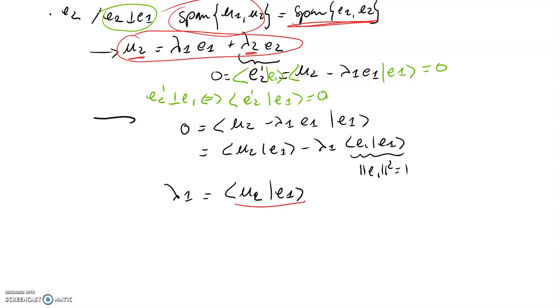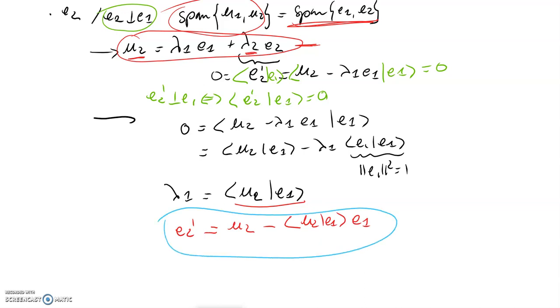Okay, nice. Right, so what do I have now? I've got that E2 prime is equal to U2 minus the lambda 1 which I have just found, U2 E1 times E1. So what do we have here indeed?